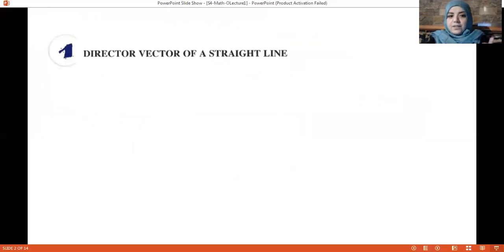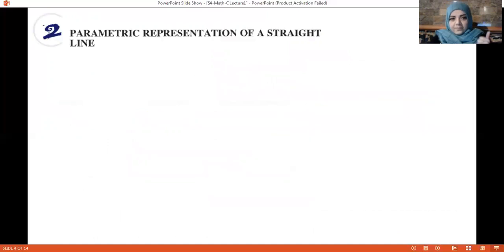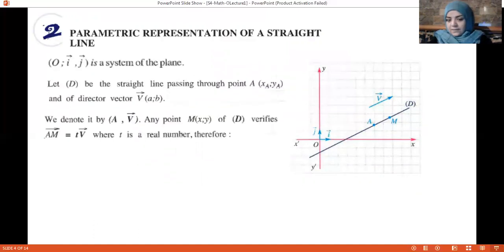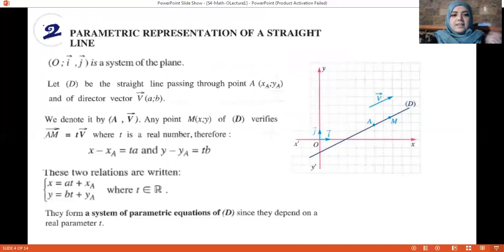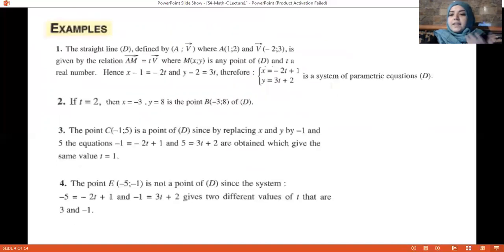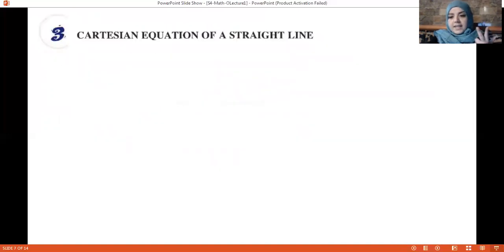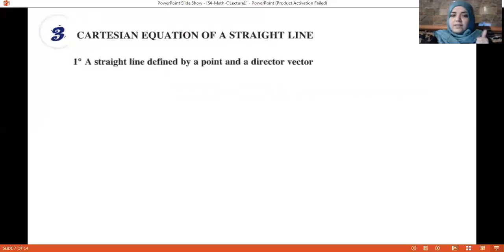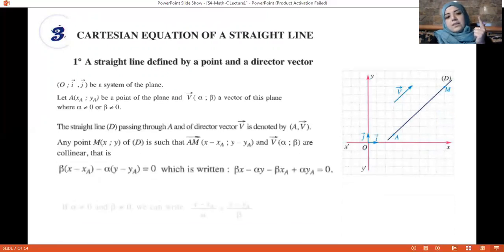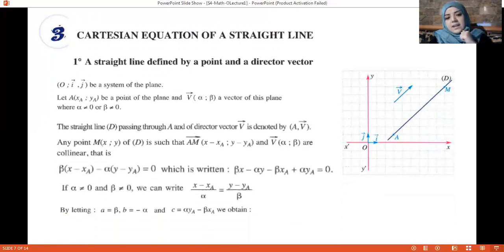The first thing we did is find the parametric representation of a straight line, and it's very easy, and it's only one case. We don't have another case. In finding the Cartesian, there are 3 cases. If you have a straight line defined by a point and a directing vector, you just create a point and you apply the collinearity, as you see.